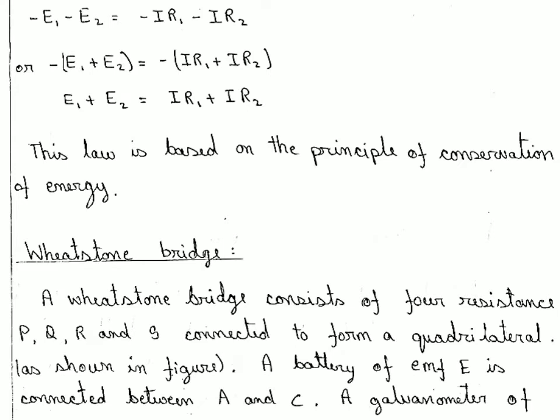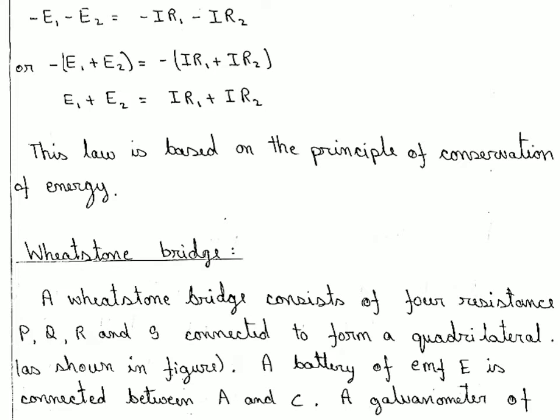Next is the Wheatstone Bridge. Now, a Wheatstone Bridge is one of the accurate arrangements for measuring an unknown resistance, and a meter bridge is one of the practical applications of this Wheatstone Bridge.